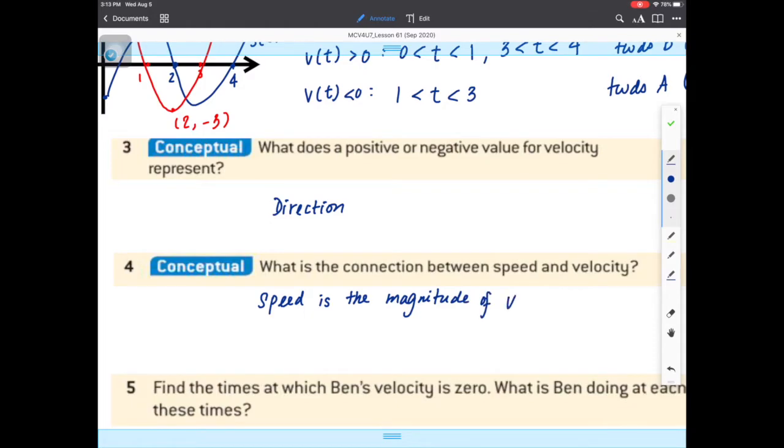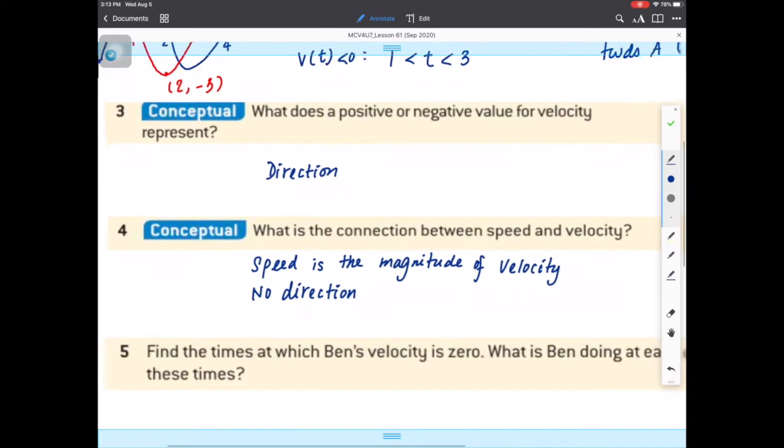So magnitude is a word that we use to refer to the size, okay, size only, but it shows no direction. Later on in chapter 9, when you learn about vectors, then we're going to distinguish between scalar and vector quantities in more detail. Or for those of you who take physics, you know what I'm talking about.